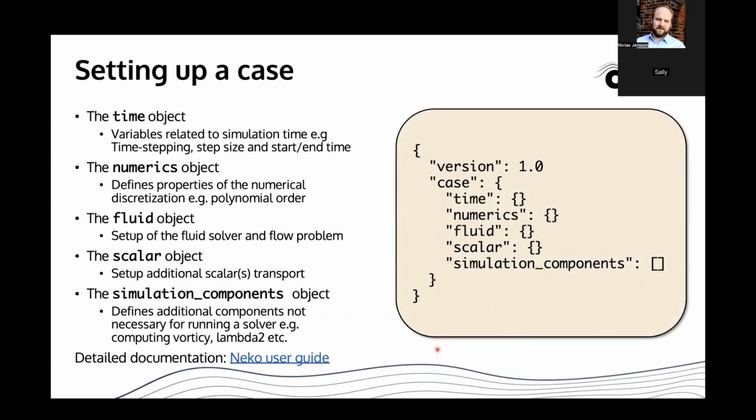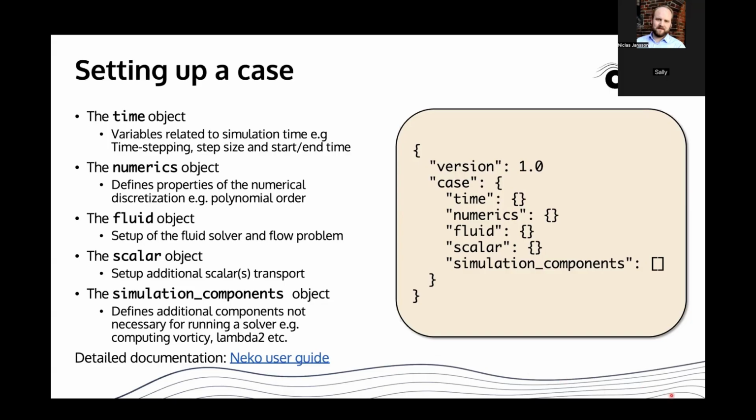Now I'm going to talk a bit about setting up the case. There's actually one slide missing here, but that's left out on purpose. Running a case, you need two things besides a working Neko installation. You need a description of the case, the case file, and secondly, you need a mesh to do the simulation on.